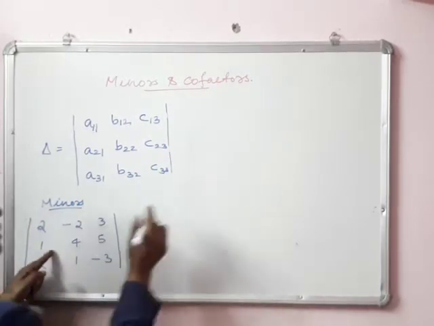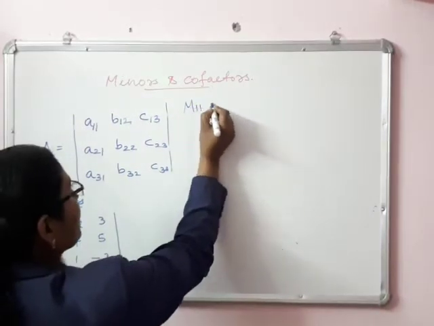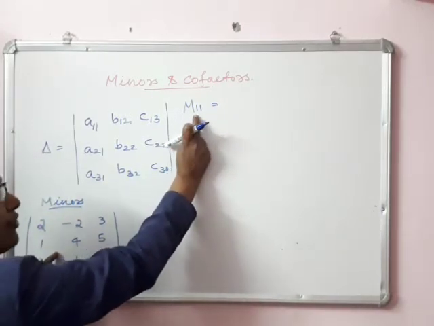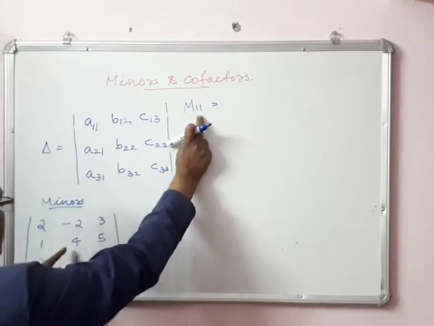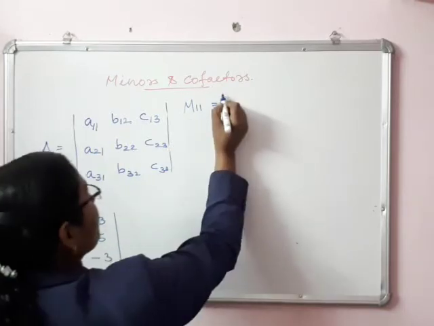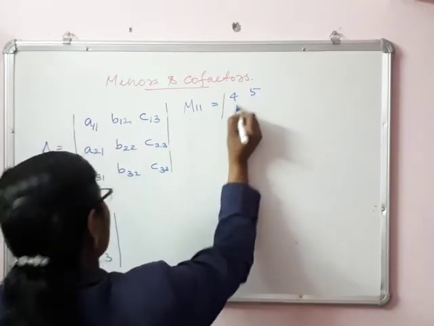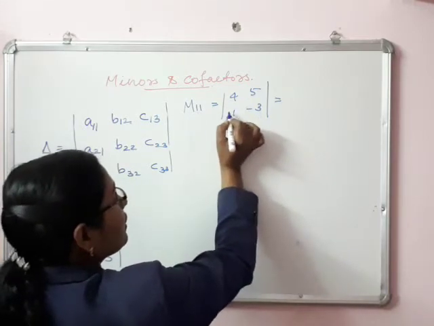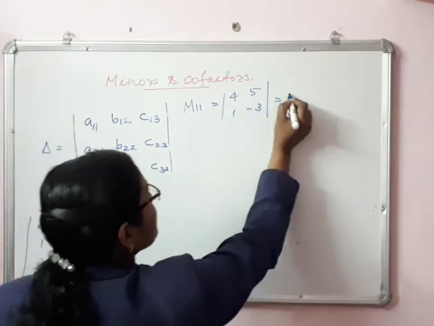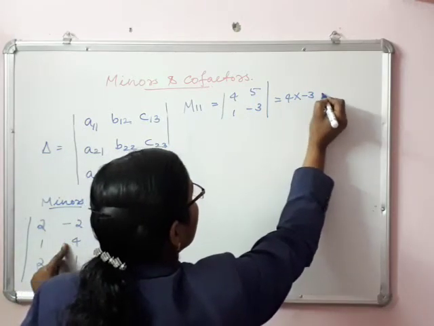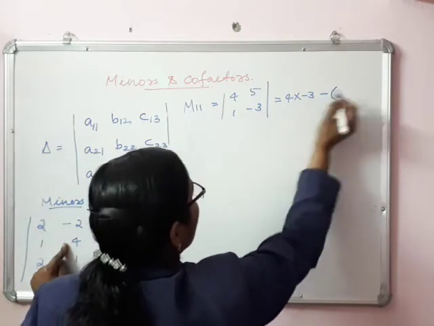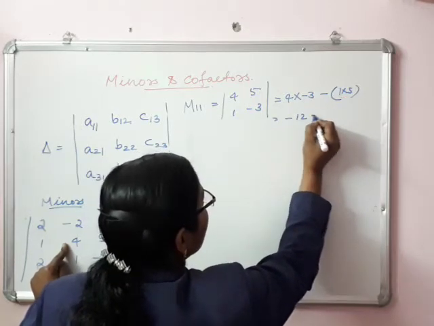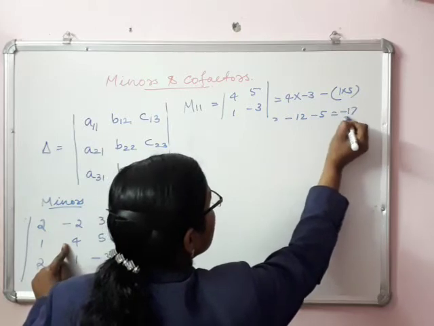So the balance, M11, is 4, 5, 1, minus 3. How do we find the determinant? 4 into minus 3 minus 5 into 1, that is minus 12 minus 5, which is equal to minus 17.